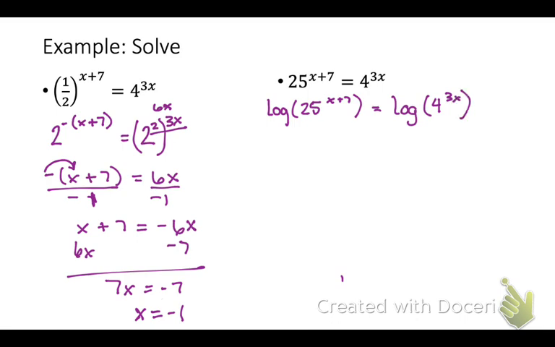So our properties tell us the exponents go up front, don't they? So that gives me x plus 7 times log of 25 equals 3x log of 4.